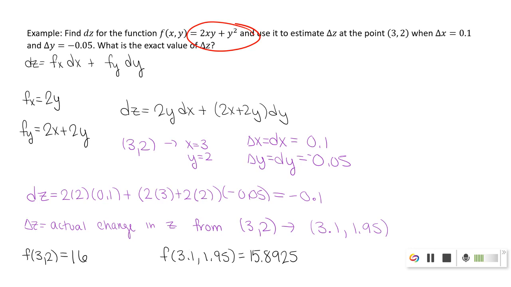So 2 times 3 times 2 plus 2 squared, I get 16. And then I'll take the new numbers, 3.1, 1.95, plug that into my function. I used a calculator and got 15.8925. And so delta z is then the difference between those numbers, which is also about negative 0.1. I guess it's negative 0.1075, I think. So pretty close to our dz.